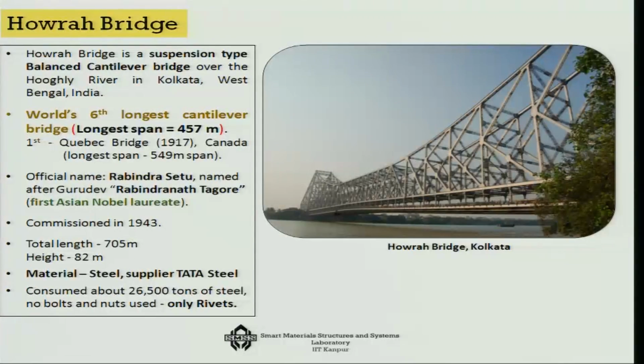So, there is one cantilever from this side and another cantilever from this side. So, basically due to the application of load in both the cases, there is a bending that you would not see in that cast iron bridge over river Severn.